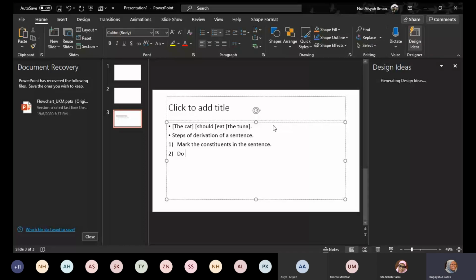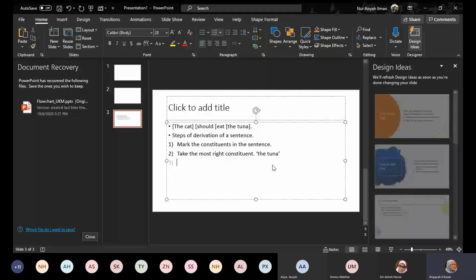So take the most right constituent. Most right, eh? Ini tuna lah. Kita selalu mula kanan, eh? Kanan ke kiri. So take the most right constituent, which is the tuna.